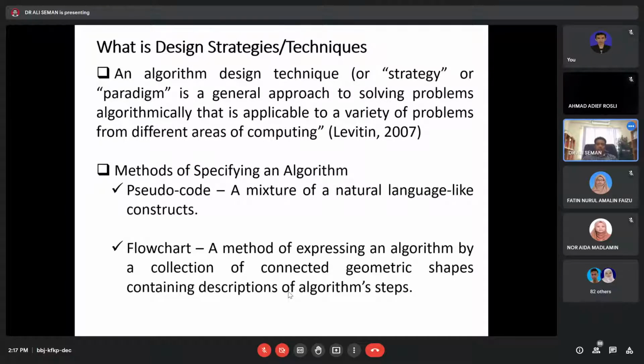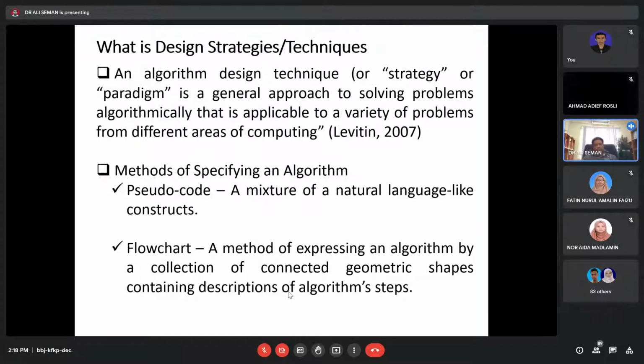So we can describe it step by step using pseudocode. Maybe your natural language is English, then we may use English, or maybe Japanese, Korean, whatever. This is called pseudocode.